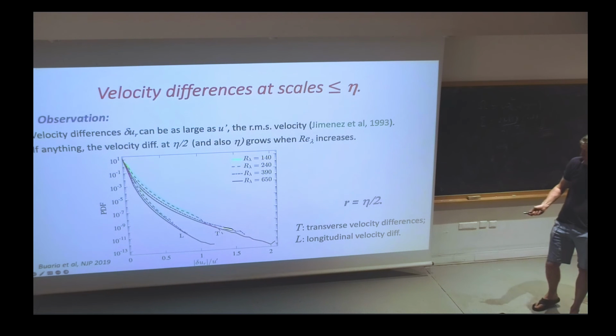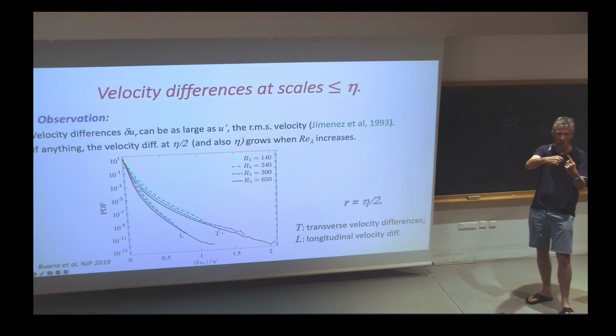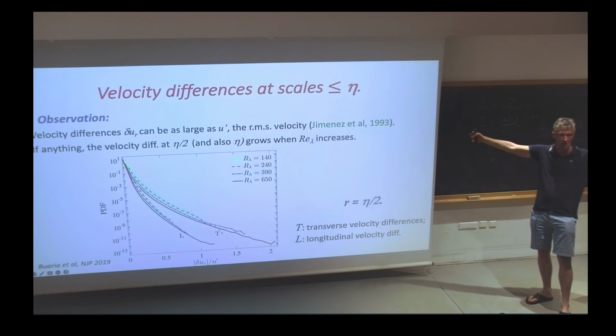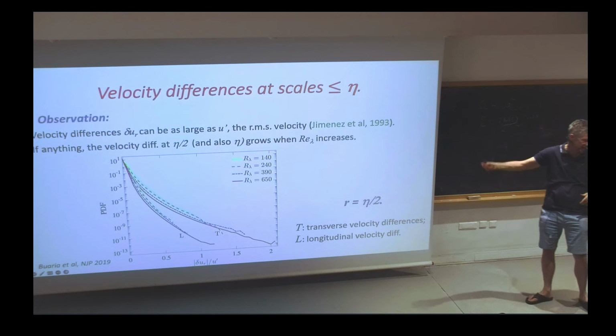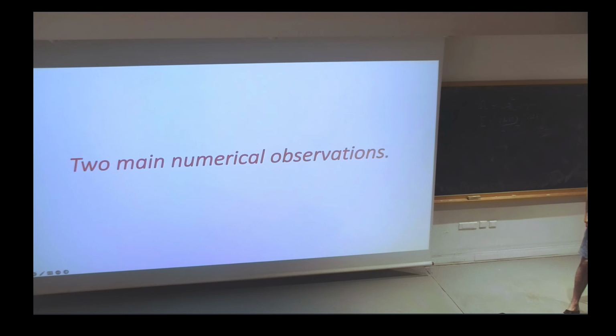So the statement here is that over very, very small scales, you have velocity differences which are of the order of the velocity in the flow. These little things are effectively accumulating all the velocity difference there can be on an extremely small scale. That's the point I wanted to make.